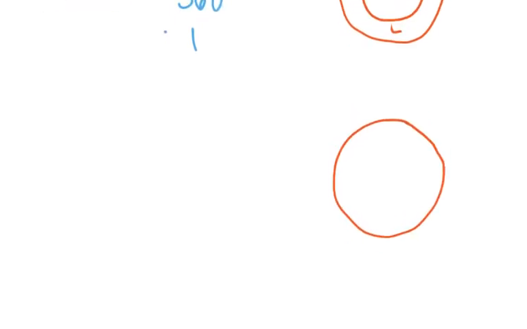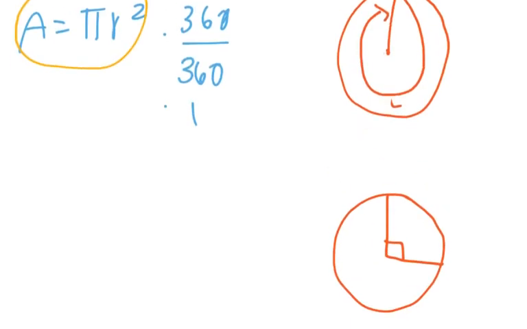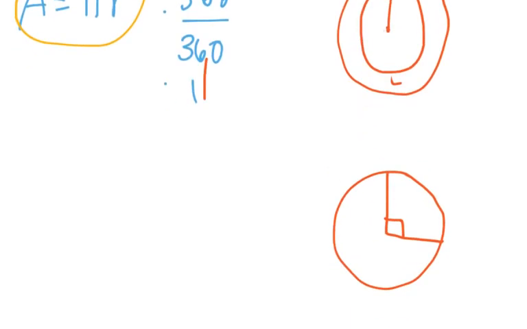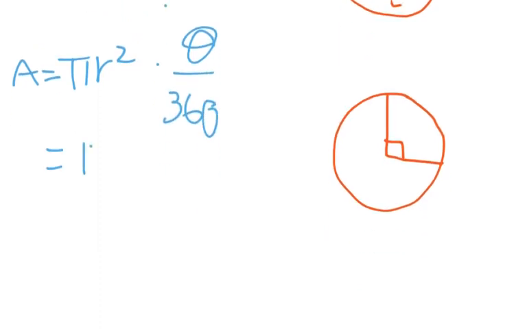Now let's say we're not doing a circle, we're doing a sector. And let's say the sector, just to make it nice, is 90 degrees, so a nice right angle. In this case, it would be the same formula as before. A is equal to pi r squared times theta over 360. But this time, theta is going to be 90 degrees.